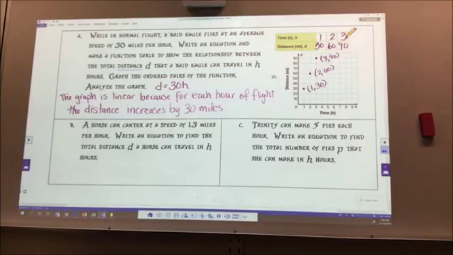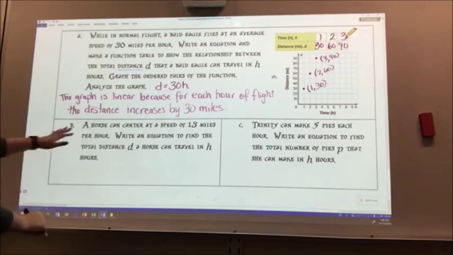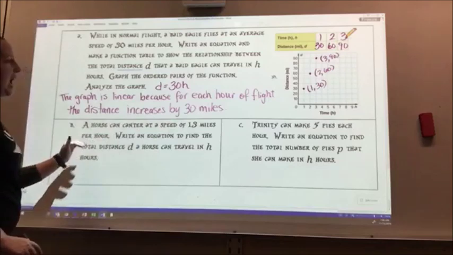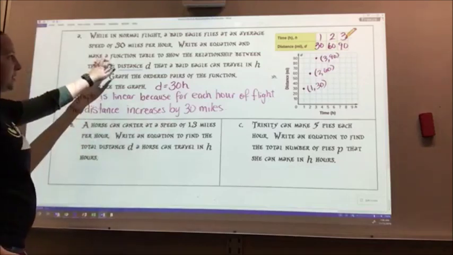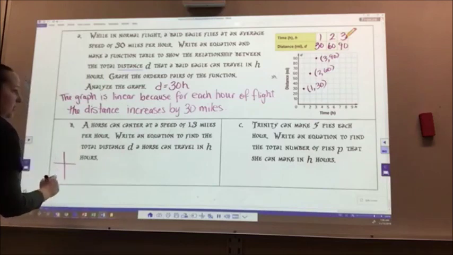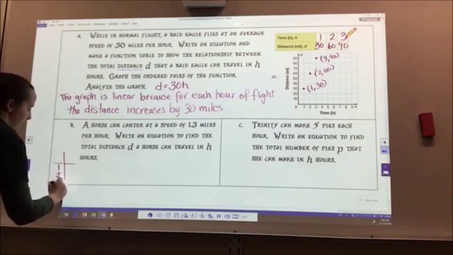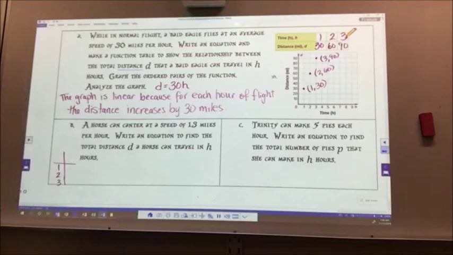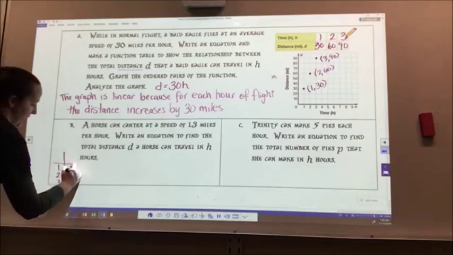For letter B, a horse can canter at a speed of 13 miles per hour. Write an equation to find the total distance d a horse can travel in h hours. Again, it's very similar to what we did up here. I can make a little chart if I want to, for 1 hour, 2 hours, 3 hours, so we can see the pattern.